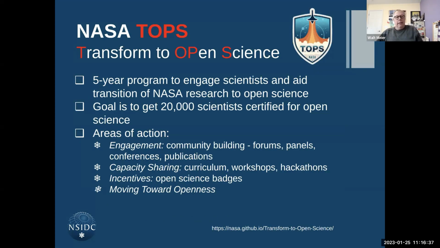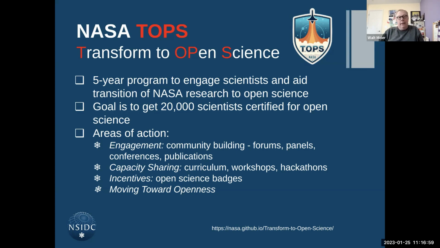And then next is the NASA TOPS initiative, Transform to Open Science. This is really, I'd say, their big effort, particularly in terms of engaging the science community and working to help get the science community more open and getting into open science. It's a 5-year program.